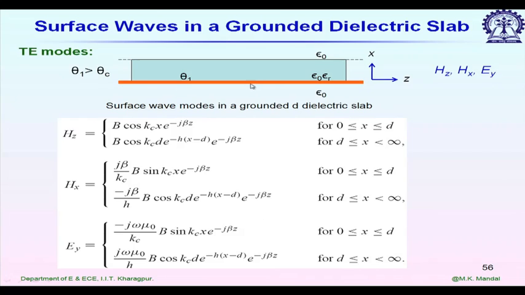So, on the ground we do not expect any Ey component since it is a conductor. Now, look at the expression. Inside the dielectric we have sinusoidal variation. So, at x equal to 0 Ey is 0, and then it increases as we increase x, and it has maximum value at the interface, and inside air it decreases exponentially.